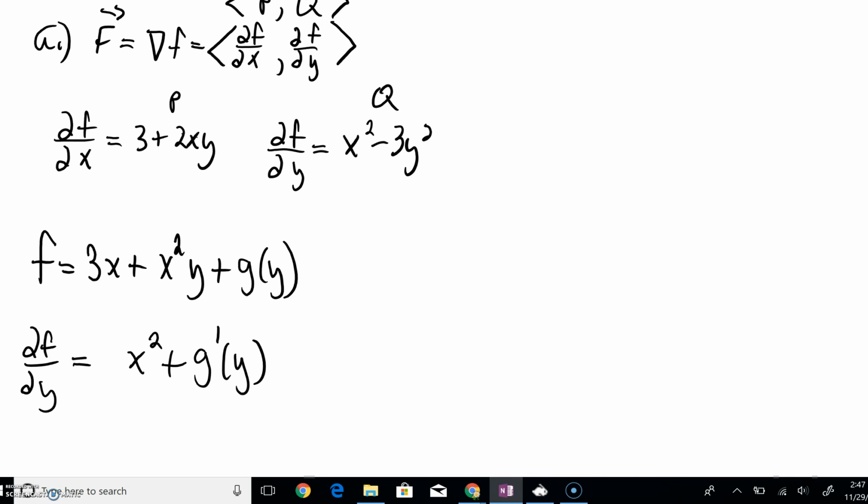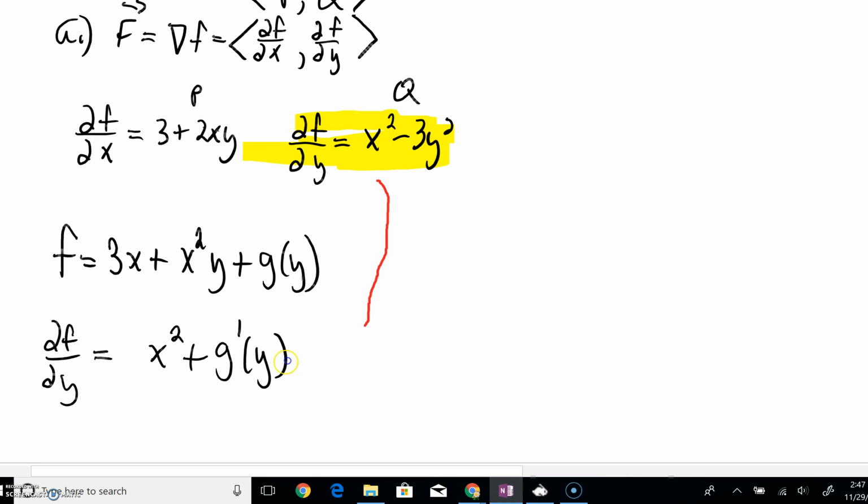The answer is because if we look above, we can see, hey, we had some information about the partial derivative of f with respect to y. We know what that's equal to. So we're going to take that and say, hey, we can now say that these two partial derivatives with respect to y have to be equal.